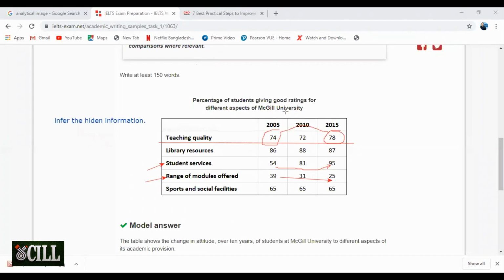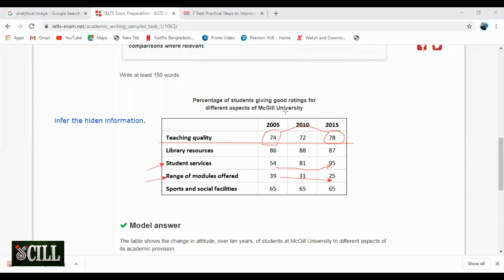So as I was saying, if you are mentioning every single year for every category, then you're writing the whole table, which is going to be useless. For example, for student services and range of modules offered, you can just mention the improvement or the decrease in number, like from 39 to 25 from 2005 to 2015, and an increase from 54 to 95 for student services in 2015.